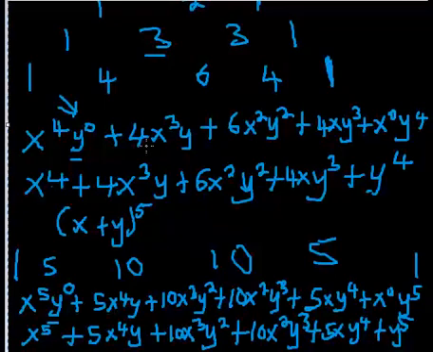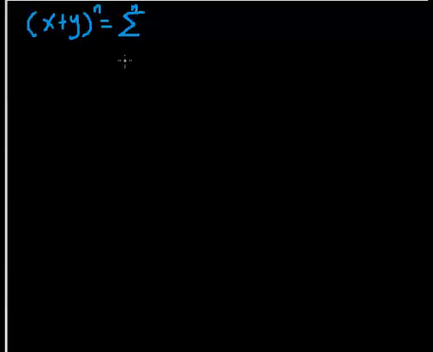Which of course is the general formula of binomial expansion, and I'm gonna give you the formula. Now the general formula of binomial expansion actually uses combination, right? So if I have x plus y raised to power n, n can be any number, the expansion is gotten by summing the series starting from the upper limit of n.